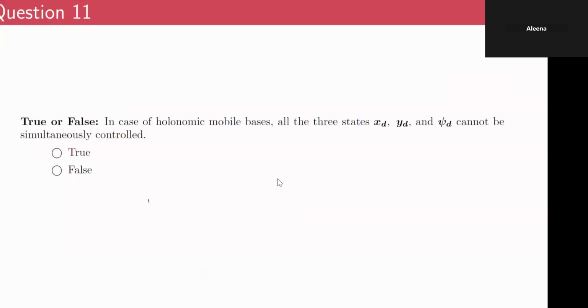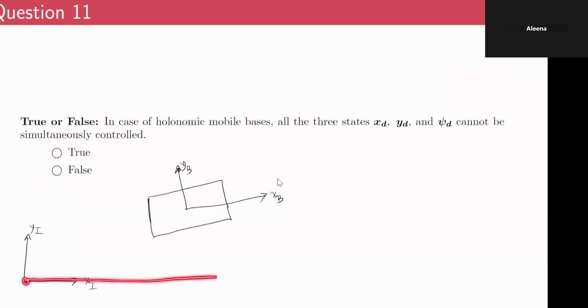So for any mobile robotic system, you need three parameters to fully define its configuration, right? If this is the body-fixed frame of reference, XB and YB, and if this is the inertial frame of reference, XI and YI, you need two position parameters, x and y, to locate the origin of the robot, right?